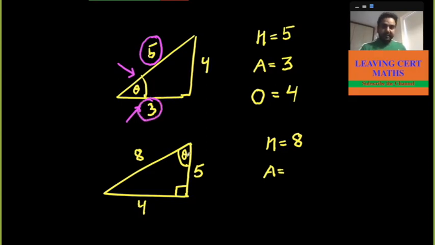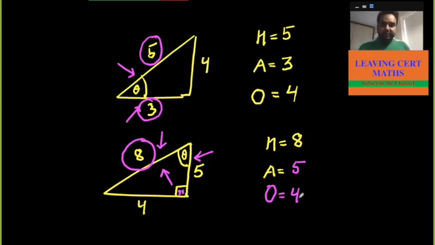Always remember, the largest side, or the side opposite to the 90 degree angle, is your hypotenuse. Clear? So adjacent is your 5, and what is the opposite? 4. Okay, so let's take a last question based on this.